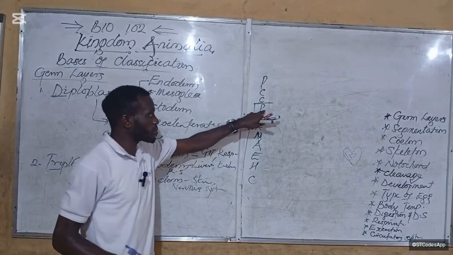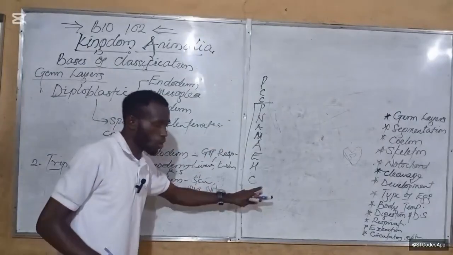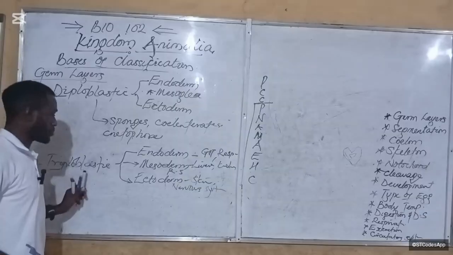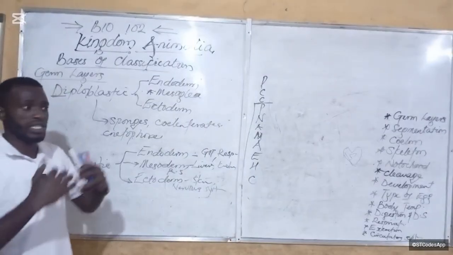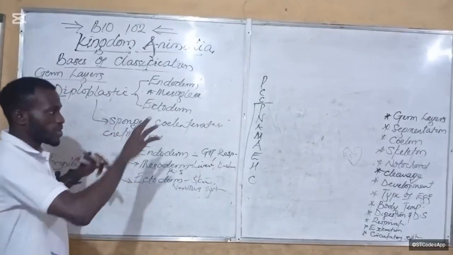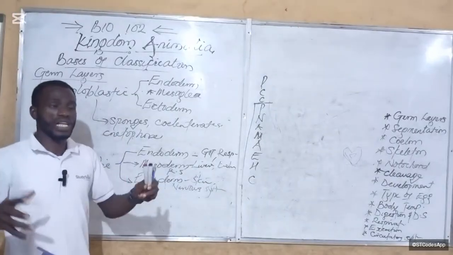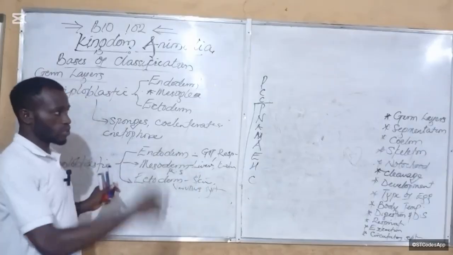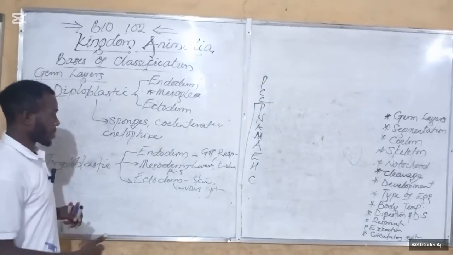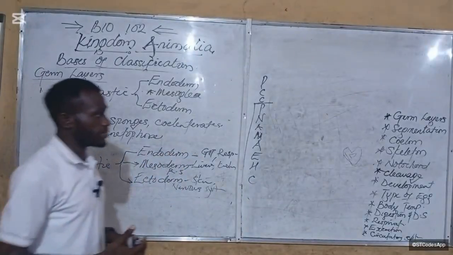I repeat, from the platyhelminthes to caudate, they are all triploblastic. I already made another video on the classifications too. So there's a way we use these characteristics to broadly classify them into a tree-like classification. So I'm going to link that video in the description too. So that's based on germ layer.